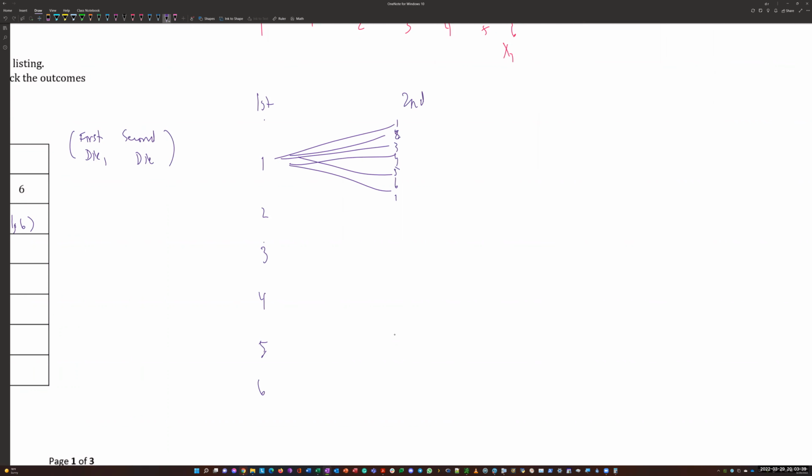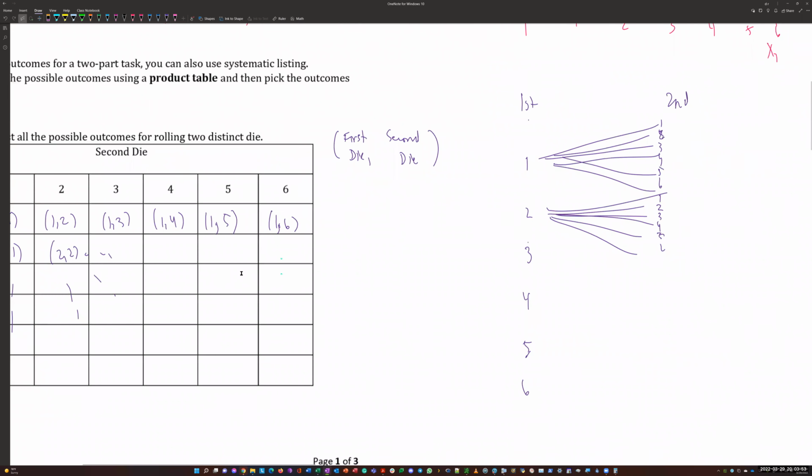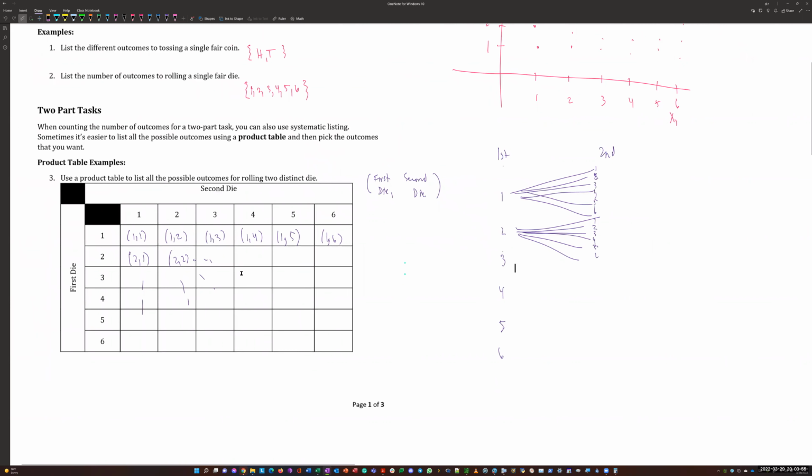Then the 2 could be a 1, 2, 3, 4, 5, or 6, etc. Does that make sense? Yep. Yes. All right, same thing, just different diagram, really. Does that make sense? Yes. This is sometimes referred to as a tree diagram.